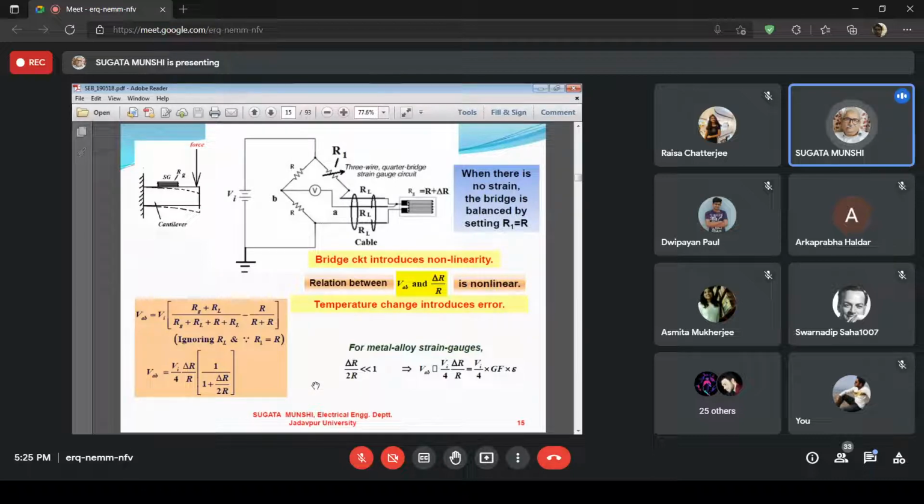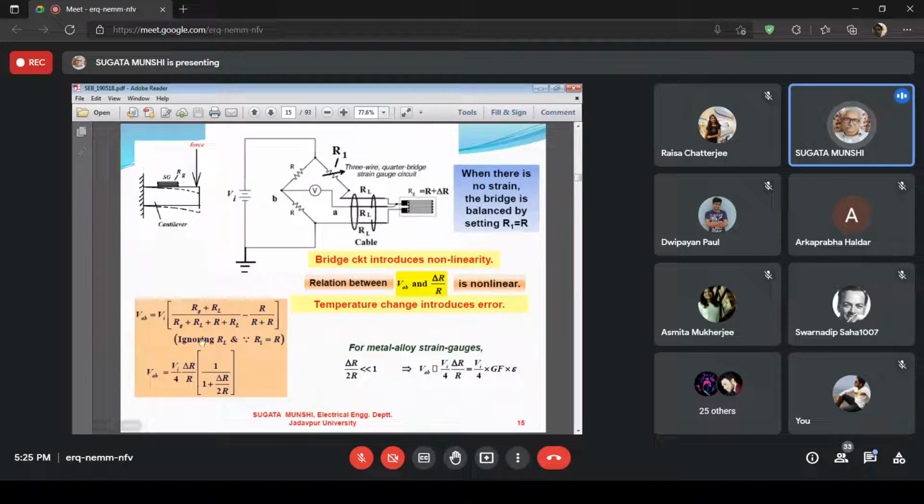What will happen for semiconductor gauges? For semiconductor gauges, delta R by 2R cannot be ignored in comparison with 1. Therefore, this nonlinear relation will exist. There are two things for semiconductor gauges. The nonlinear relation between VAB and delta R by 2R is the nonlinearity introduced by the bridge circuit.